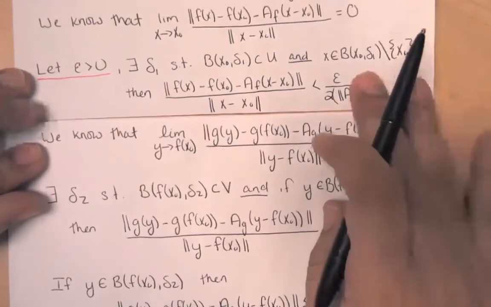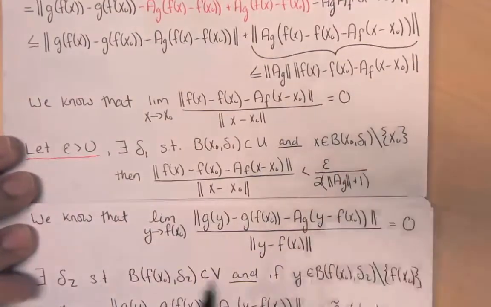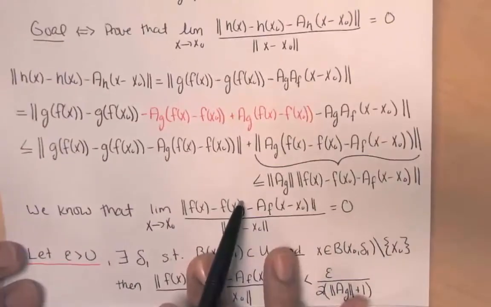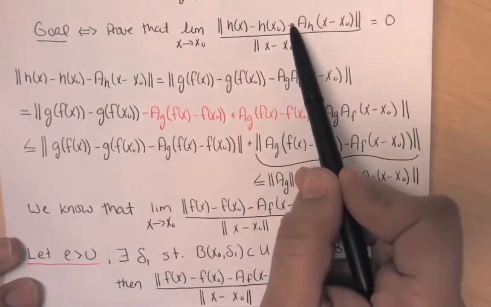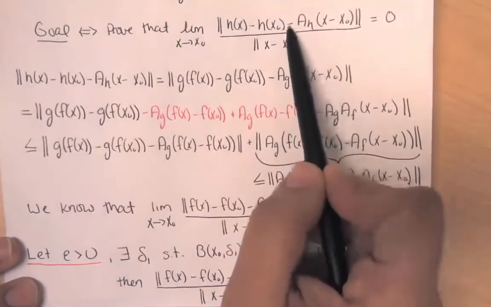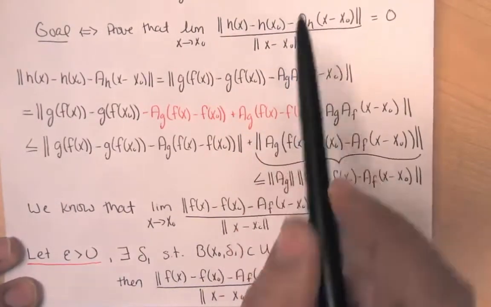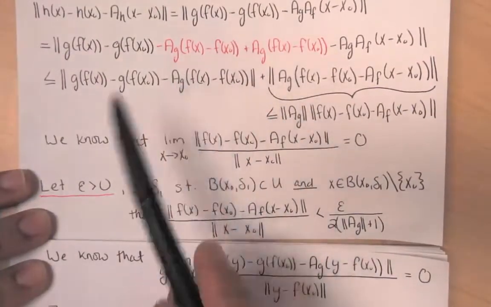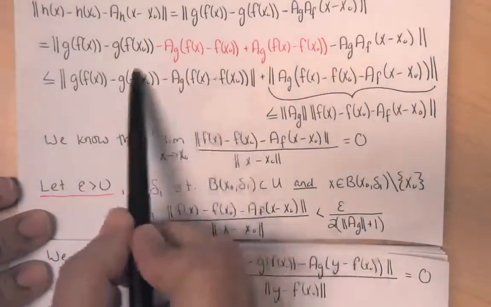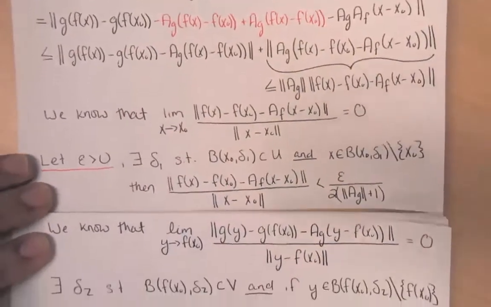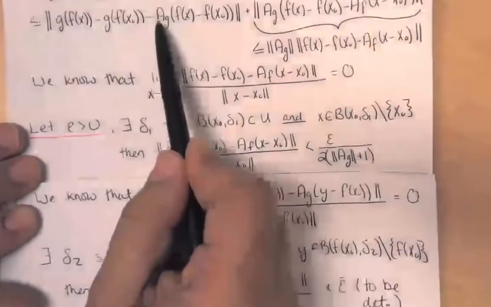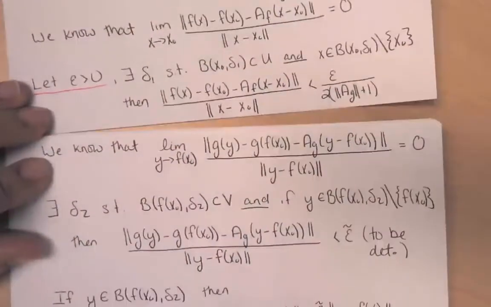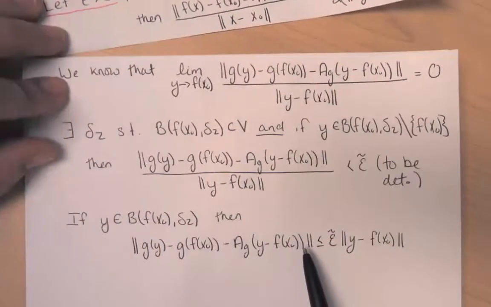Now, when we broke down the numerator of our goal limit, we're able to bound it by 2 terms. I would like to bound this term using this statement here.